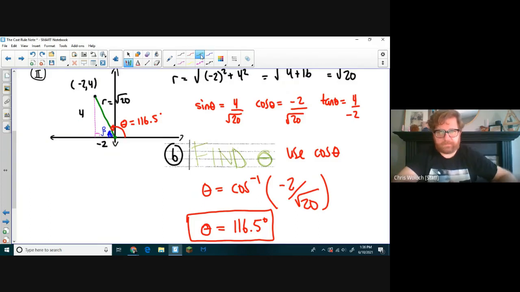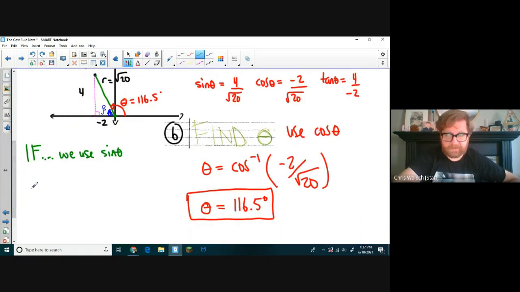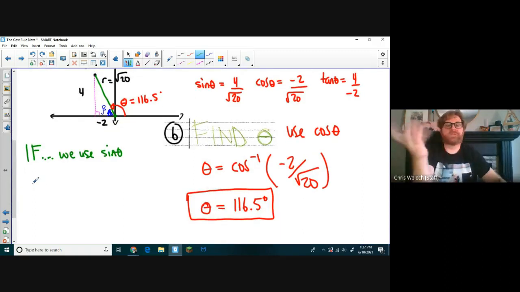Now, just one thing to add here. If we used the sine ratio, let's just do that experiment, because if you use sine, then you'd get the related acute, and then you'd have to subtract it.